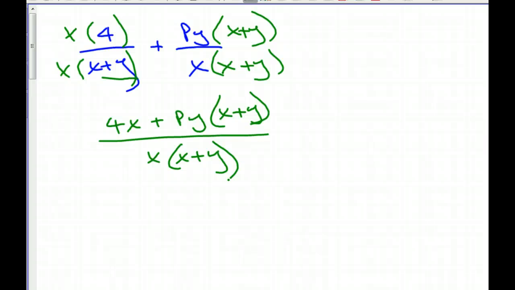So at that point, what can I do? Erica wants to leave it. Why do you want to leave it, Erica? I'm guessing you could do some distributive properties. We could distribute that py, we could distribute the x. If you distribute it, you're not going to be able to combine anything anymore, so what's the point? You're just wasting time. Right, we leave it. You are right. Wrong reason, but right answer.